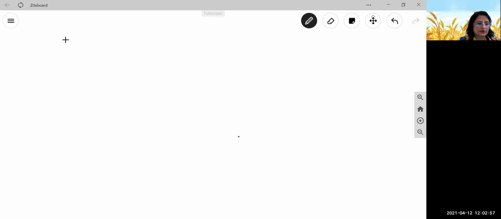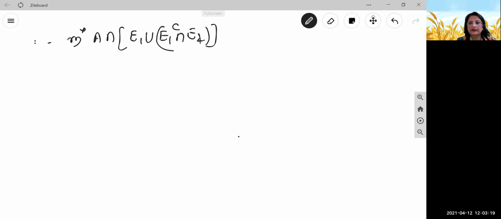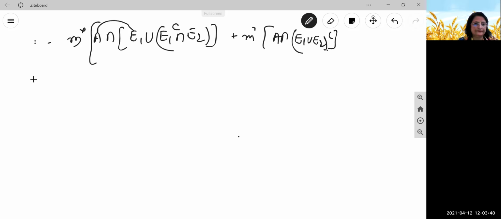So now this is equal to m star A intersection, अब इसमें से इसको हम यहाँ पे इकट्ठा कर लेंगे, E1 union E1 complement intersection E2, right? पहले वो डिस्ट्रीब्यूटिव प्रॉपर्टी से ओपन था, अब ओपन को ही हमने क्लोज कर लिया। अब इसको आप अगर ओपन करोगे तो ये आएगा, A intersection E1 union A intersection E1 complement intersection E2 plus जो इधर साइड पे था वो एज इट इज रहेगा, A intersection E1 union E2 its complement, right?